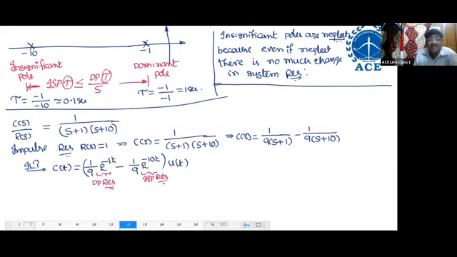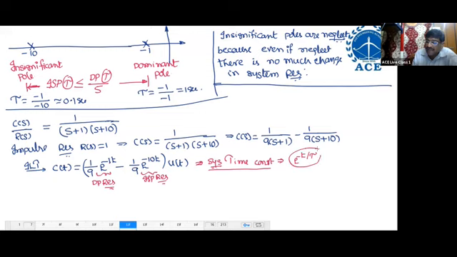Sometimes they'll use C of t like this and ask what is the system time constant. Then what you have to do? Simple logic: to get the system time constant from the system response, compare it with e power minus t by tau.